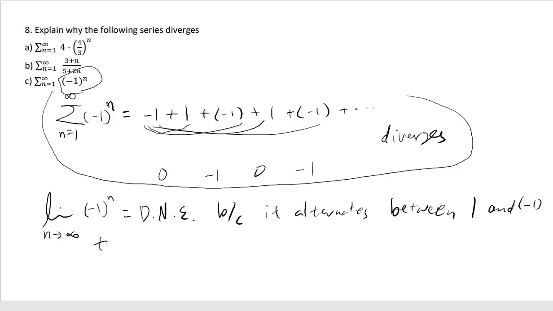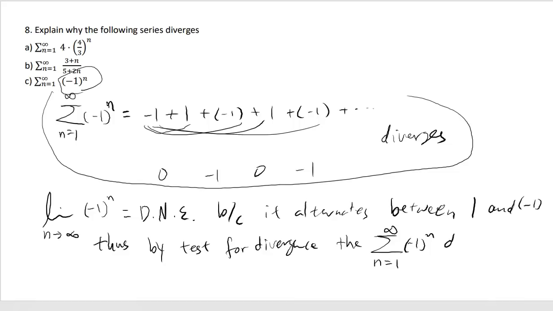And then say, thus, by the test for divergence, the series sigma n from 1 through infinity of (-1)^n diverges. That's the proper way to explain it.